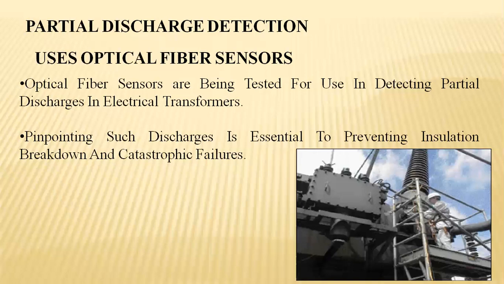Particularly pinpointing such discharges and preventing insulation breakdown and catastrophic failures. So identifying those kinds of failures and rectifying the issues is done by utilizing optical fiber sensors. Even insulation deviations can be identified.